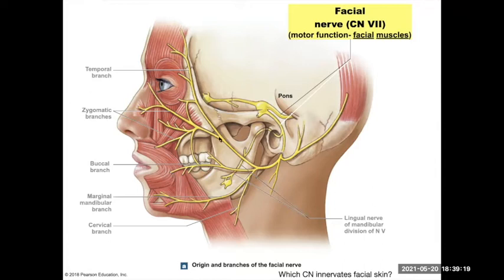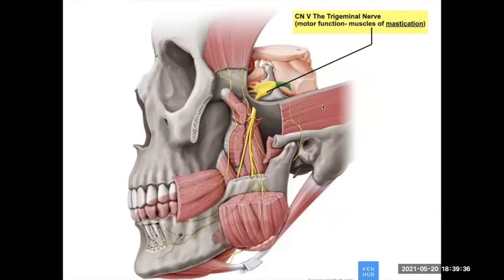What other muscles do we have in your head? I'm going to give you a second to think about it. We have your eye muscles here. And then we have your facial muscles. What's missing over here? Your mastication muscles. Those are going to be like your temporalis and your masseter muscle.